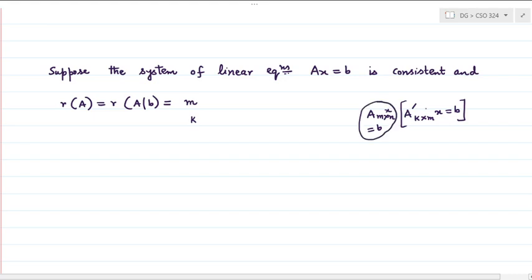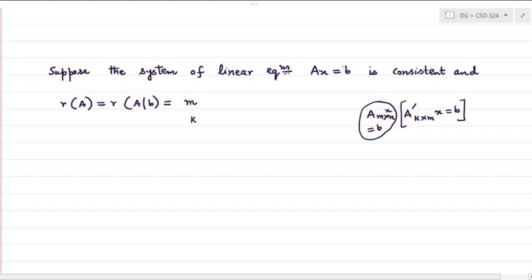Fine, and therefore instead of considering the discussion where the rank of the matrix A and the rank of the augmented matrix is less than m, we just consider that this system Ax equals b has full rank.